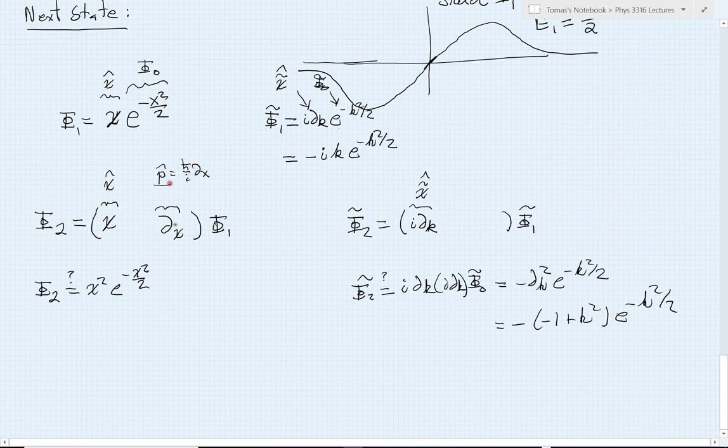So therefore, the x derivative itself must be I divided by h bar times the momentum operator. So the corresponding piece over here would be I over h bar times the momentum operator now in the momentum space. And we know what that operator is. That's just h bar times k in the momentum space. And so when I multiply these, that turns out to be just I times k. So the corresponding operation in the momentum space would be ik.